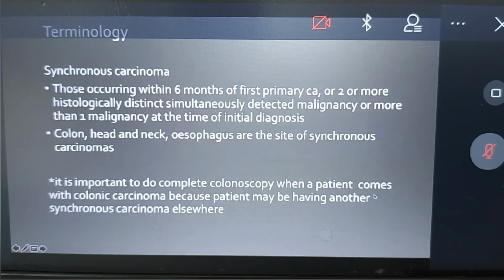Colon, head and neck, and esophagus are sites of synchronous carcinoma. So it is very important to do a complete colonoscopy when a patient comes with colon carcinoma, because the patient might have another synchronous carcinoma at another site.